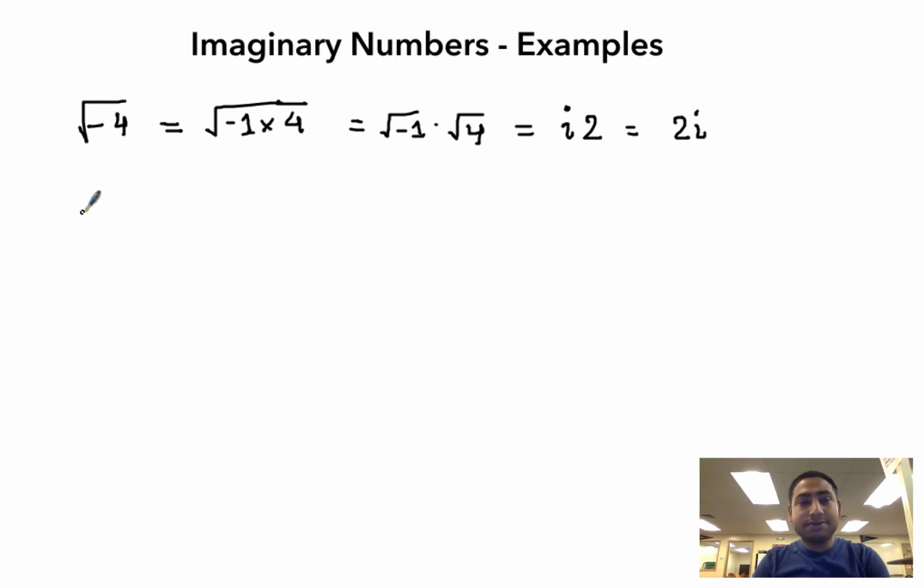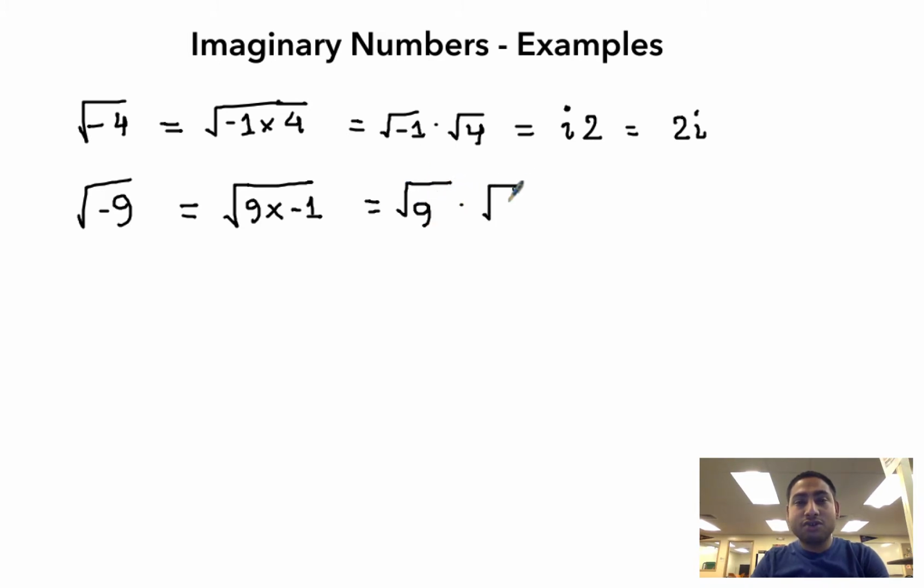Let's look at another one. The square root of -9. Well, again, let me do 9 first this time, 9 times -1, which when broken down is the same as the square root of 9 times the square root of -1. Now the square root of 9 is 3, and the square root of -1 is i.